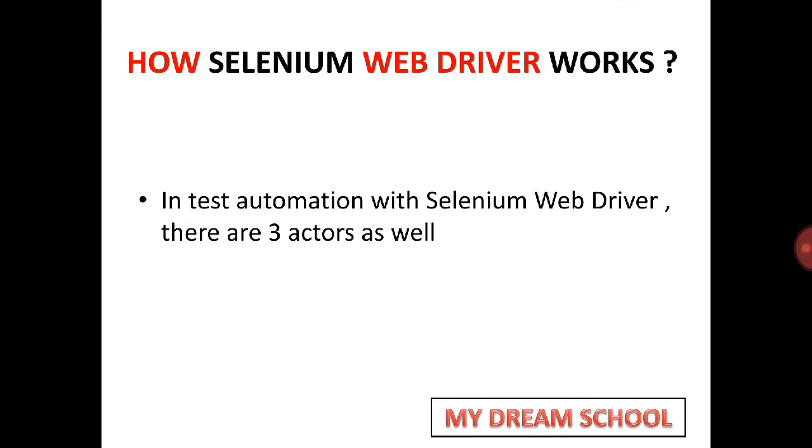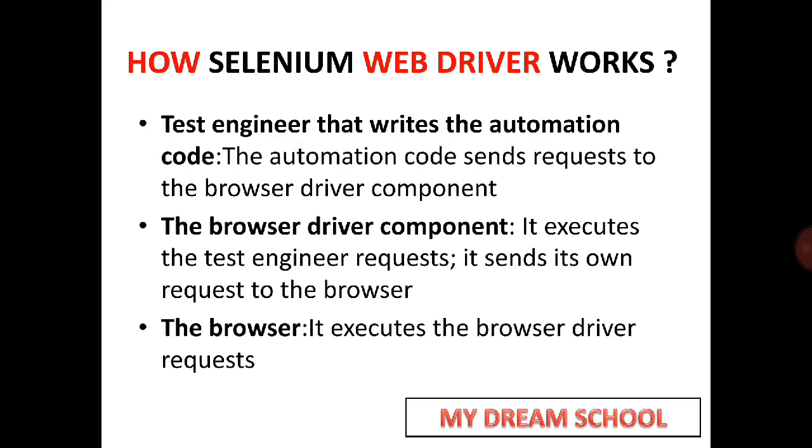We can apply the same concept to the Selenium WebDriver. How does Selenium WebDriver work? In test automation with Selenium WebDriver also, there are 3 actors. One is the test engineer, then the Selenium WebDriver, and the browser. The test engineer is the client, the Selenium WebDriver is the taxi driver, and the car is the browser.